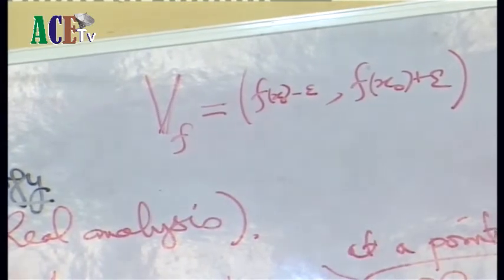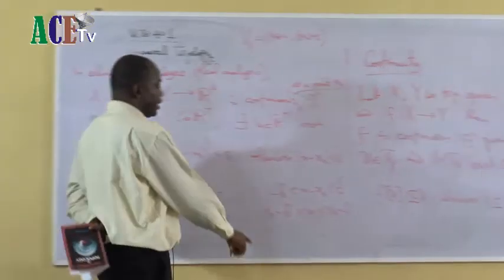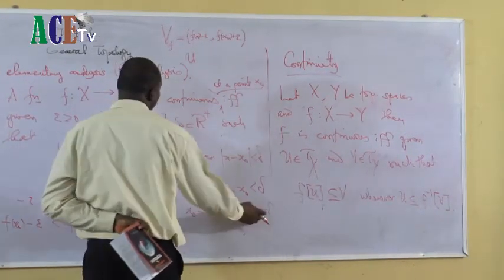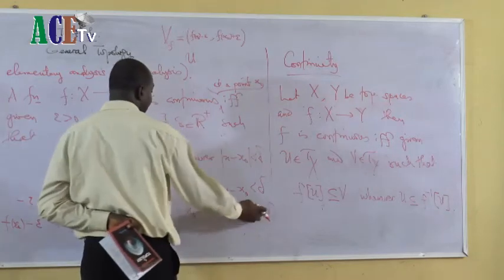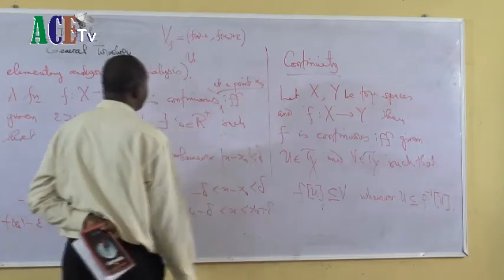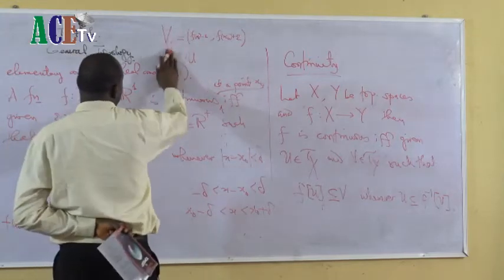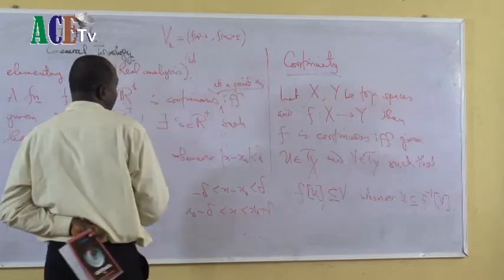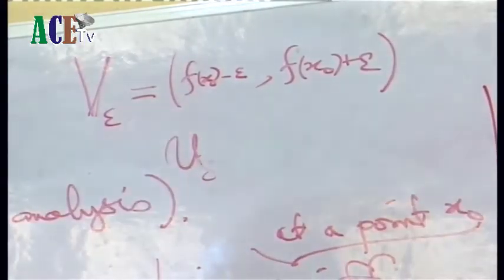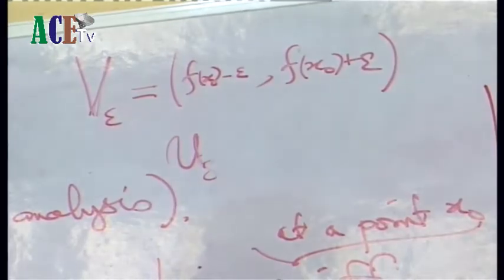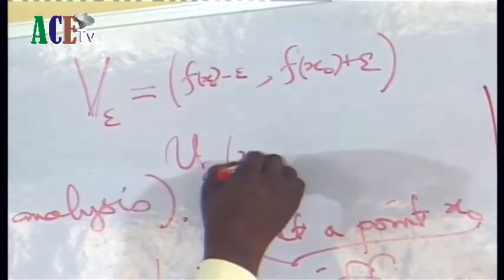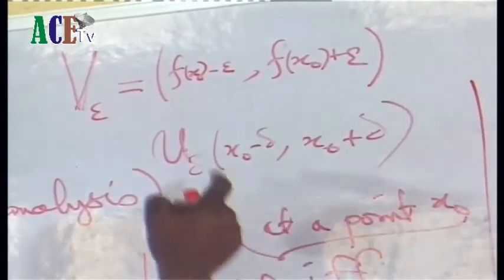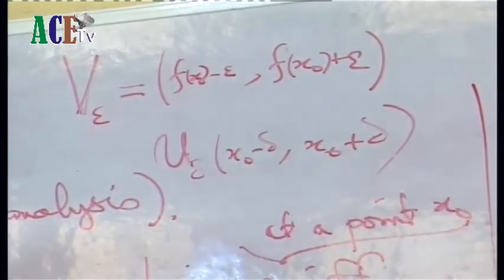And then I can also call this one the delta neighborhood of x. So I call this one the epsilon neighborhood of f, and this one the delta neighborhood of x. And so I get x naught minus delta, x naught plus delta as the lower and the upper bound there.